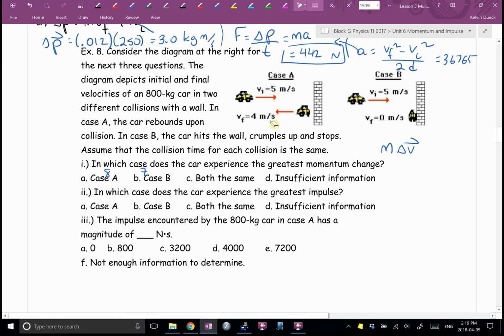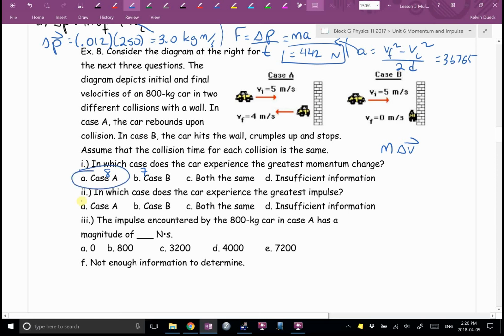What's your final? Negative. What's your initial? +5. The change in velocity here is 9 or -9, depending on which way you let be positive or negative. But that first car had a bigger change in velocity, which means it had a bigger impulse.